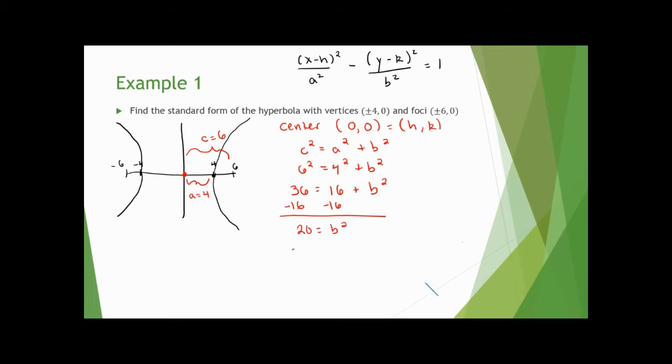So we have x minus h. h is 0, so I can just write x squared over a squared, so 16, so that's 4 squared. k is 0, so that's going to be just y squared over 20, and then it's equal to 1. And then that is our standard form of the hyperbola based off of the information that they gave us.